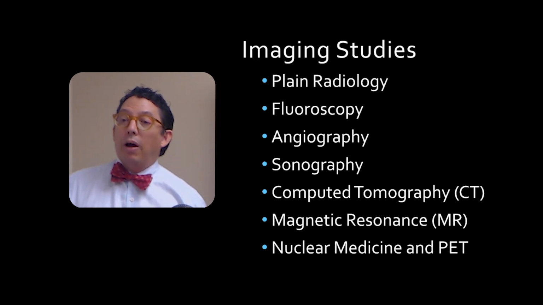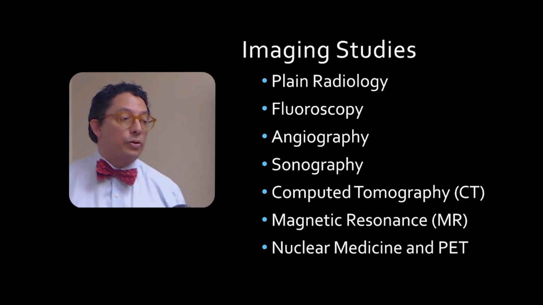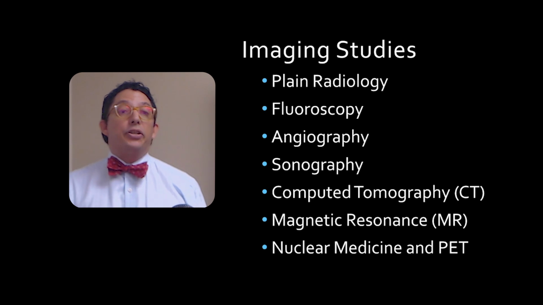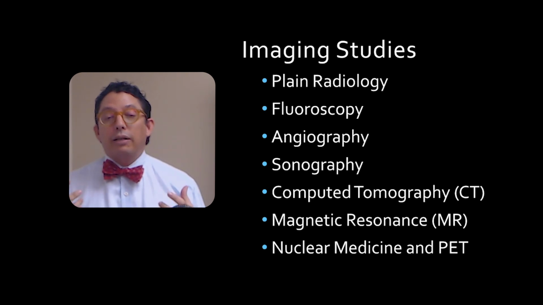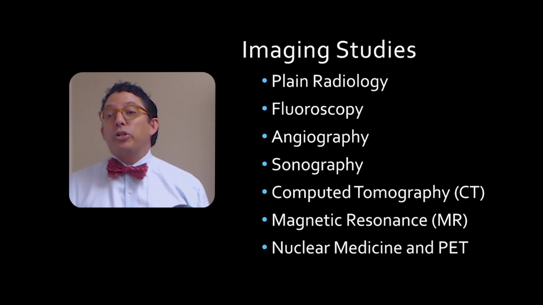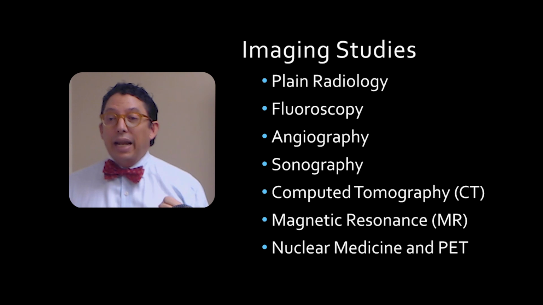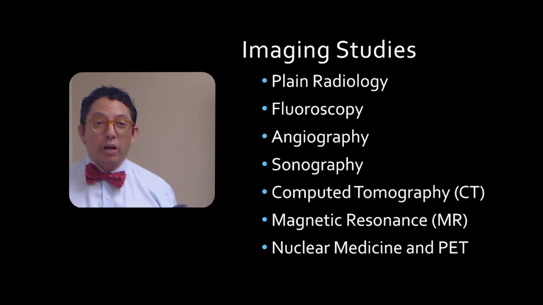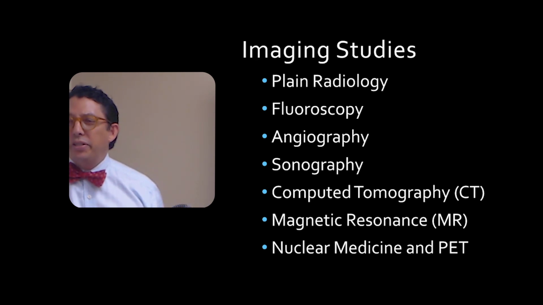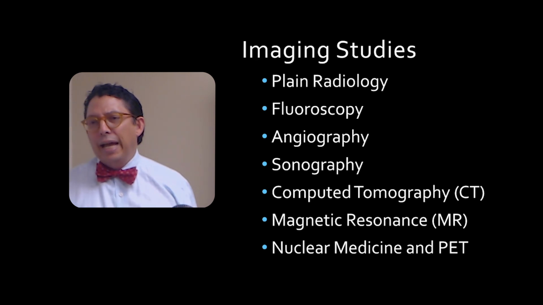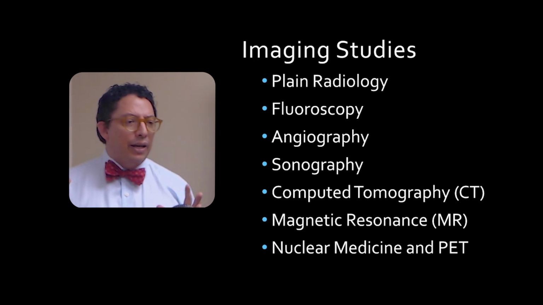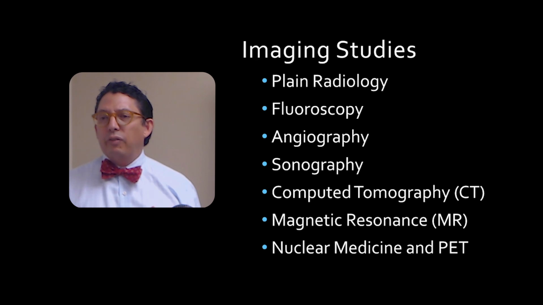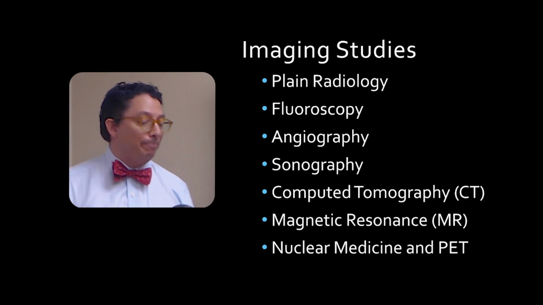And then MRI. MRI utilizes magnetism to transfer energy into the human brain, or the body, and the body then gives back that energy. If you tweak it a little bit, which we're going to see in physics in this course, you can identify intensities of signal inside the body and reconstruct images.